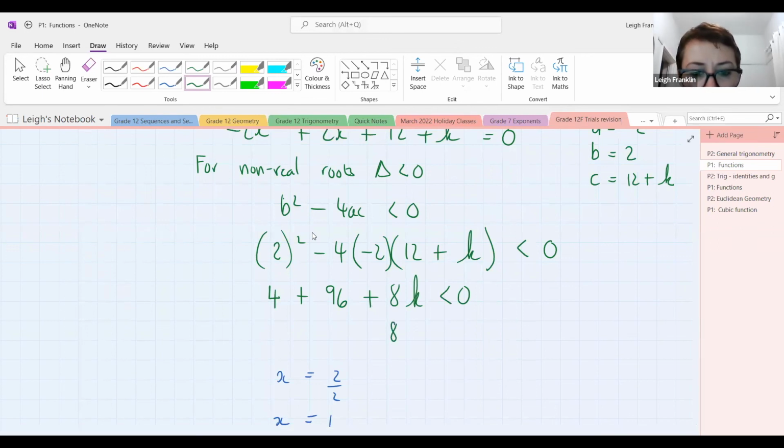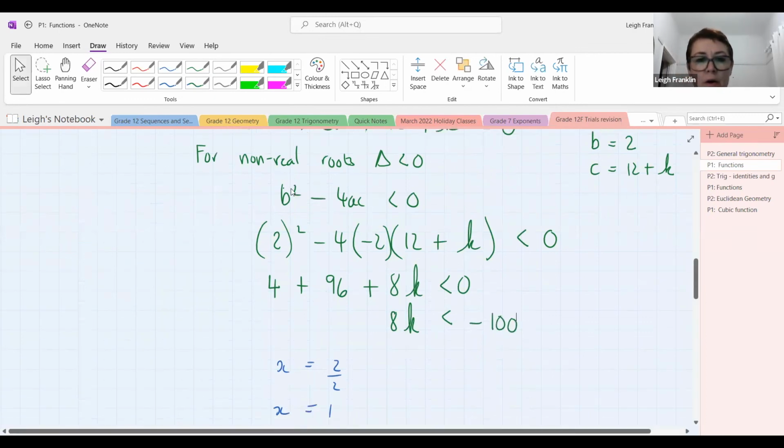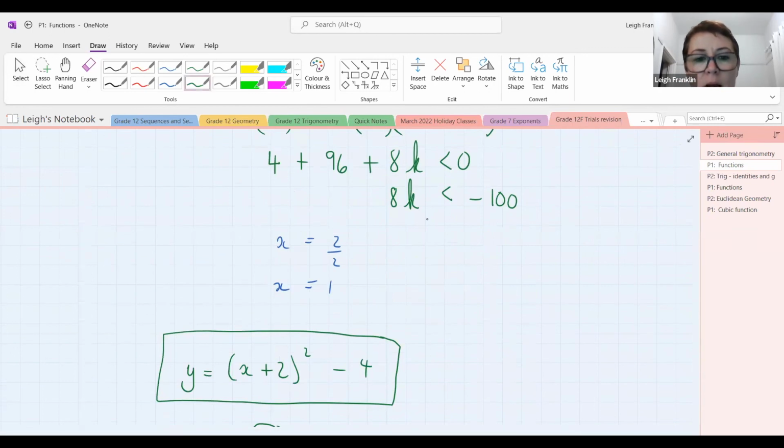So now we're going to leave the 8k on this side, and take the 96 and the 4 over to the other side. So 96 plus 4 is 100. Now we've got minus 100 on the right-hand side. And now we've got to divide this side by 8 and that side by 8. So that means that k has to be smaller than 25 over 2.